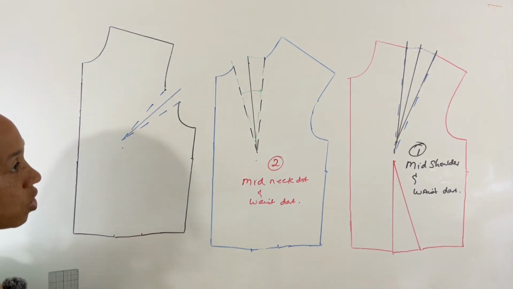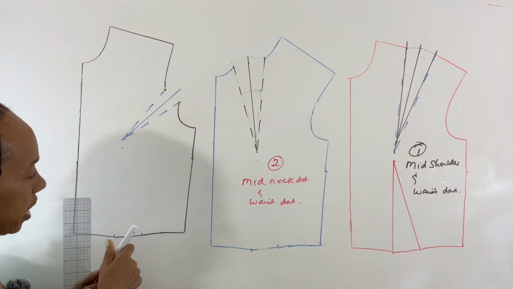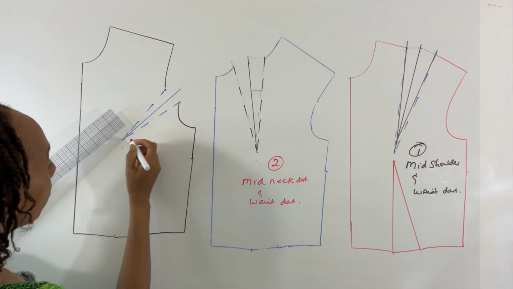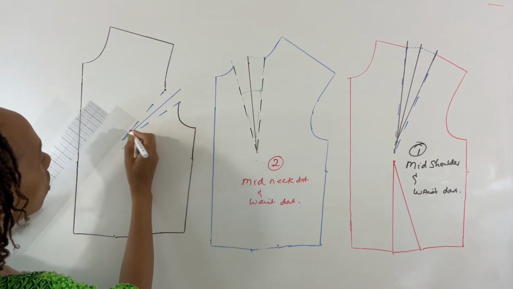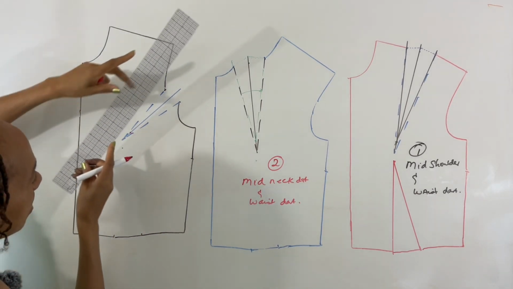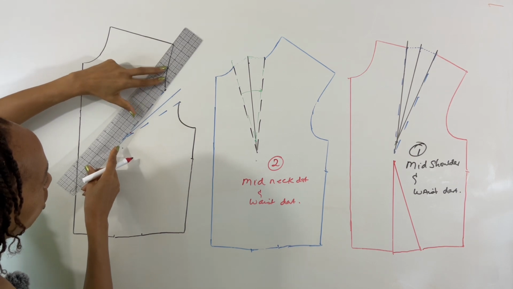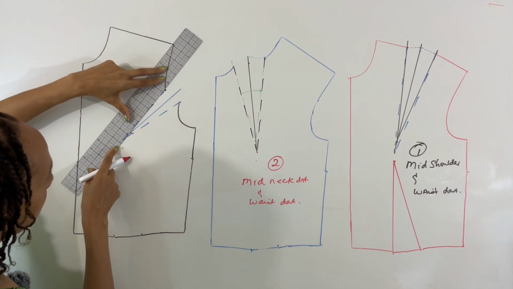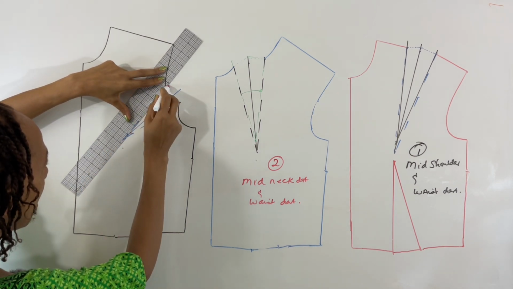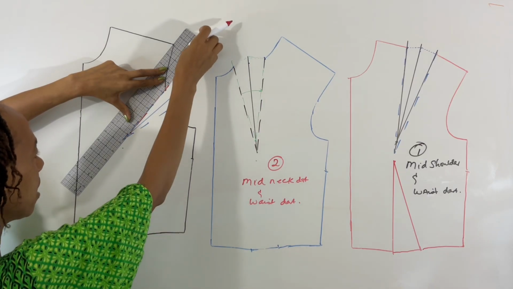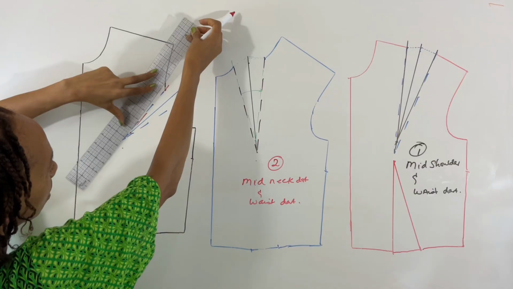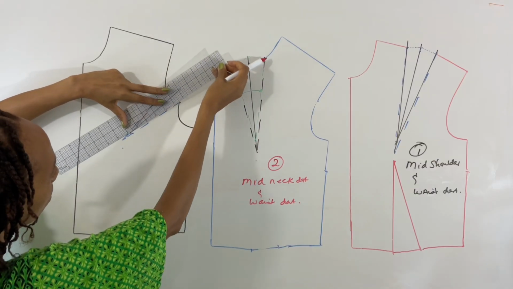Because you're dealing with the dart manipulation where you're closing the underarm dart, you have to go 1 inch away from the bust points. So I go my 1 inch there, and then I can reshape my new dart lines. So I have this, the red mark, all right, and you will do the same thing to the other side.